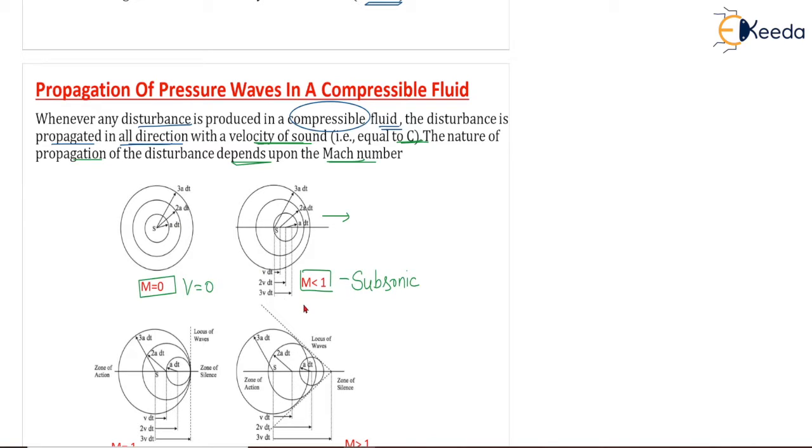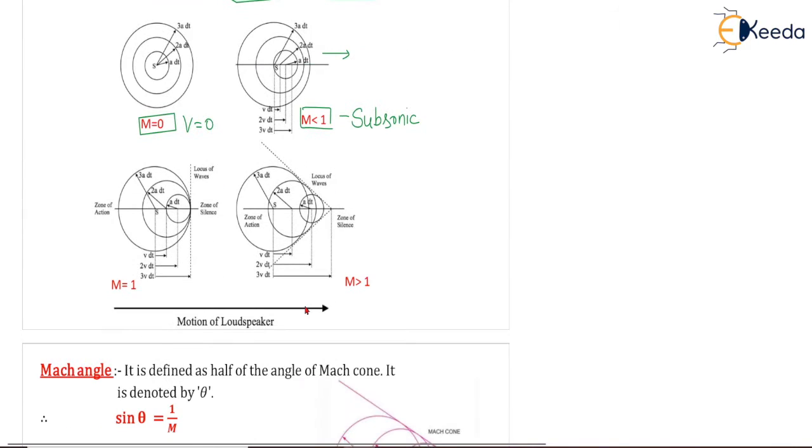Now look at exactly sonic flow. This is the motion of the loudspeaker in this direction. M equal to 1. You can see exactly at what velocity the sound is traveling. The body is also traveling in the same direction with the same velocity, correct?